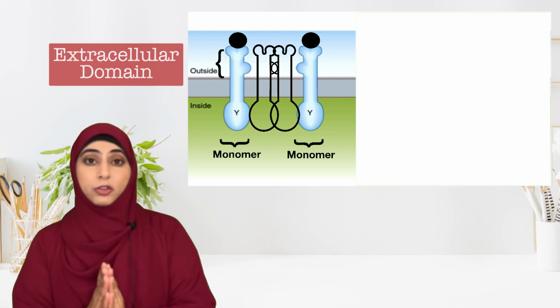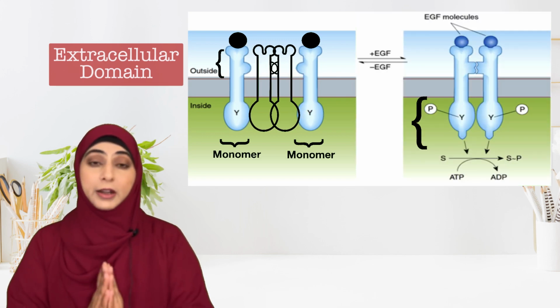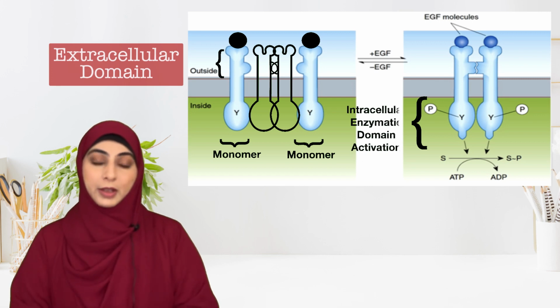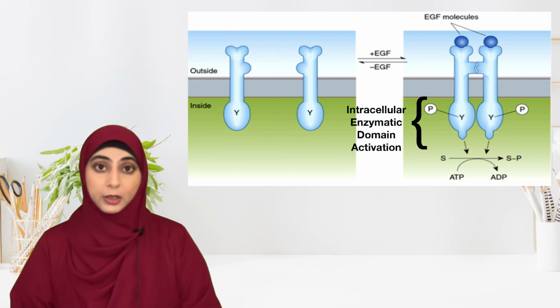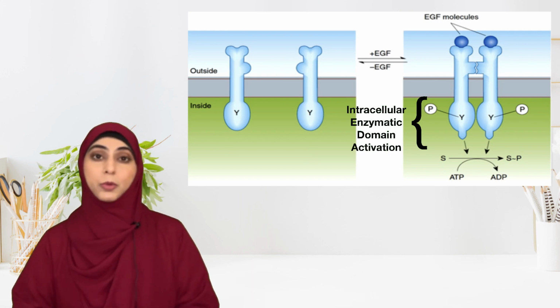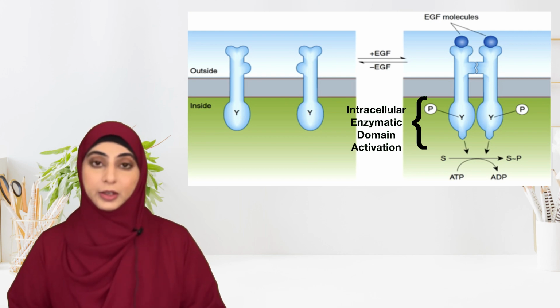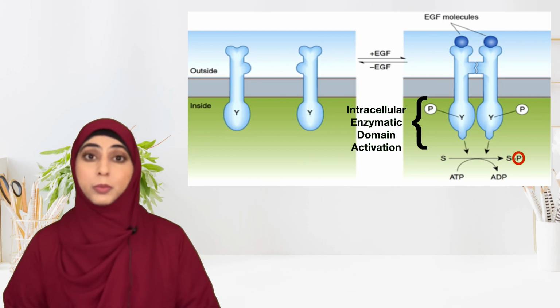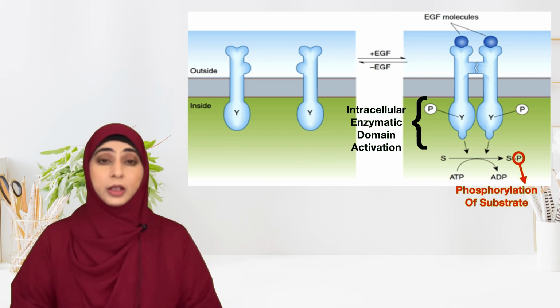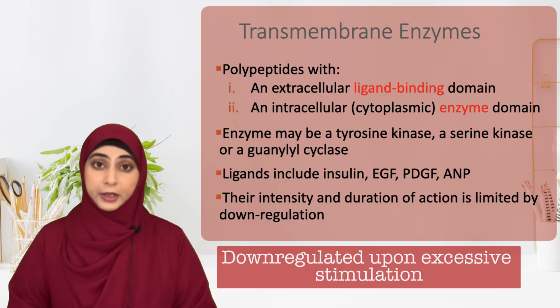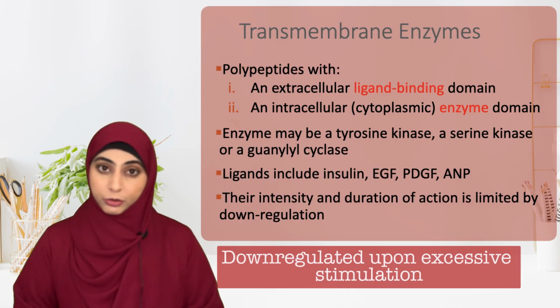This dimerization promotes activation of the intracellular enzymatic domain. अब ये जब dimer बना, तो intracellular जो tyrosine kinase domain थी, वो activate हो गई within the same molecule. And this tyrosine kinase then causes phosphorylation of the downstream molecules, and that is how the signal is transmitted. These receptors are commonly downregulated अगर इनकी बहुत ज़्यादा excessive stimulation हो जाए.